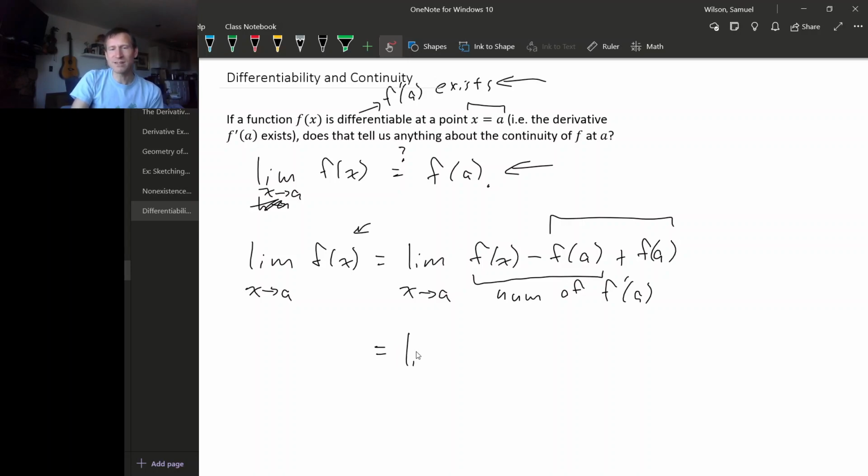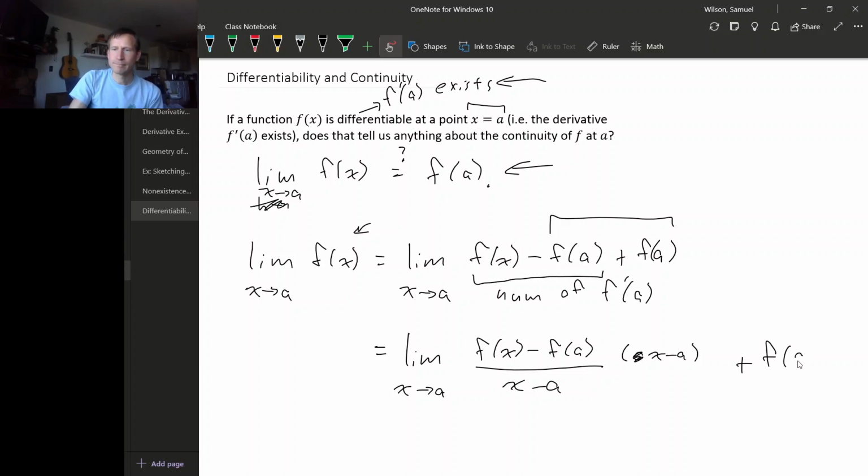What's missing is the denominator of the derivative, which is x minus a, but we can make that denominator show up right here if we also multiply by x minus a. Again, we've intentionally unsimplified this fraction, just so that this piece that looks like the derivative shows up.